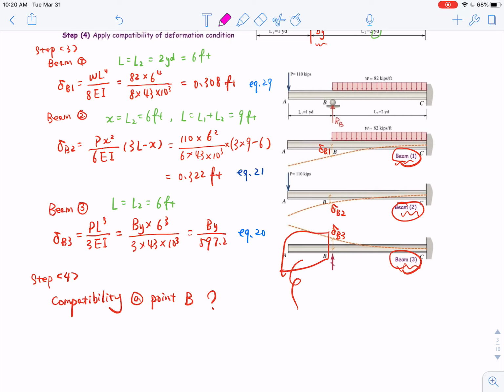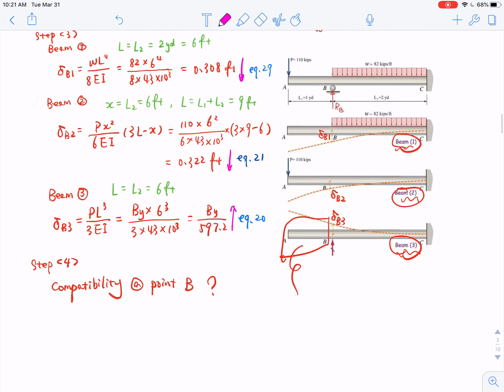The delta B1 is obviously a downward deflection, and delta B2 is another downward deflection. But the component delta B3 is an upward deflection. So these three components have two different signs. To write the compatibility condition, we have delta B1 plus delta B2 minus delta B3 equals 0. That is our overall compatibility condition.